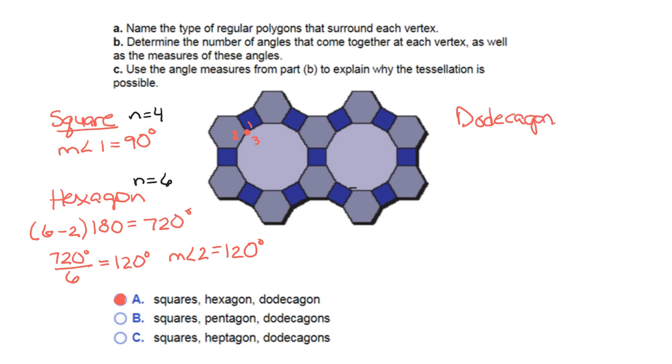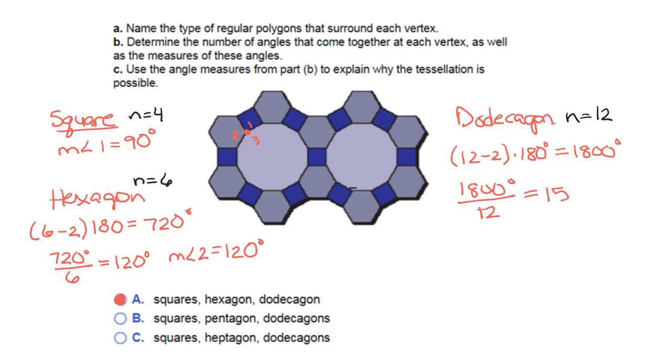So a dodecagon has 12 sides. And we'll do the same process of finding the measure of one interior angle. We will take 12, subtract the 2, and multiply it by 180 degrees. So the sum of all the interior angles of this dodecagon is 1,800 degrees. To find the measure of one angle, we'll take 1,800 degrees and divide it by the number of sides, which is 12.